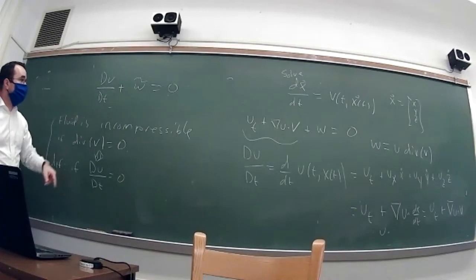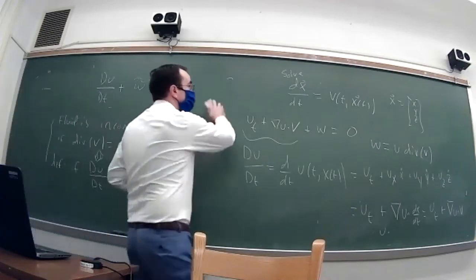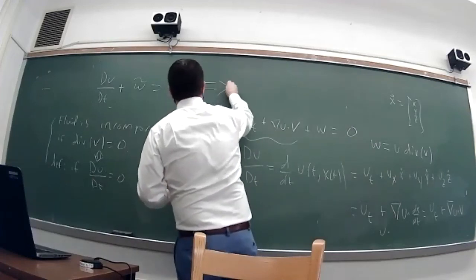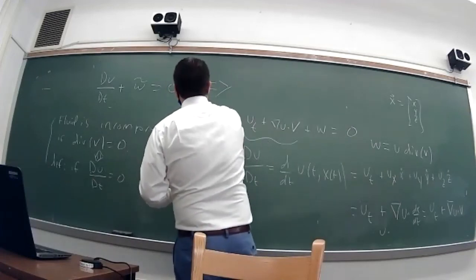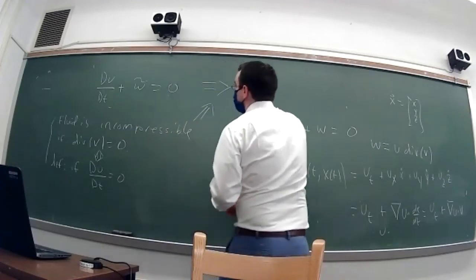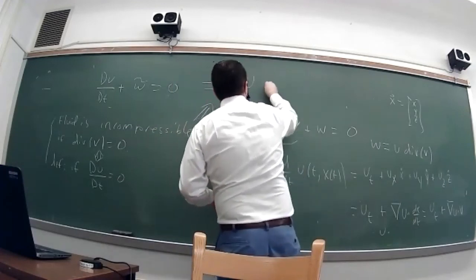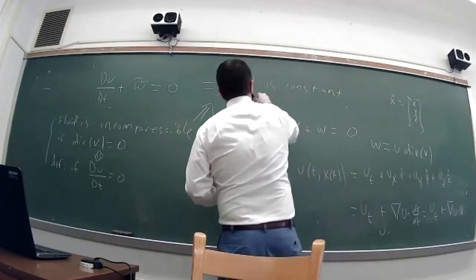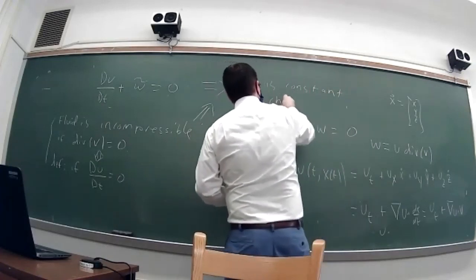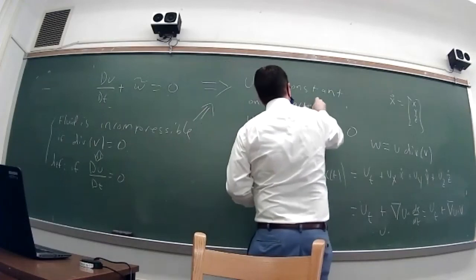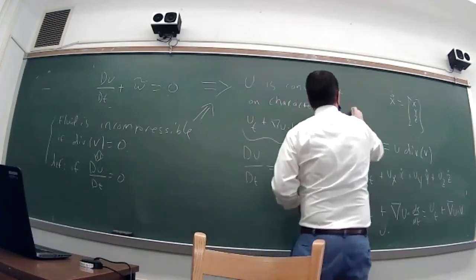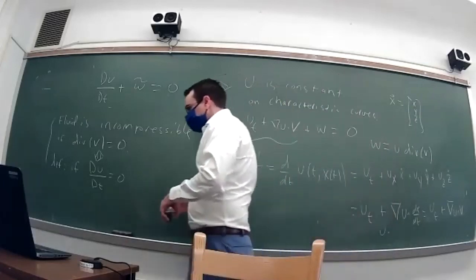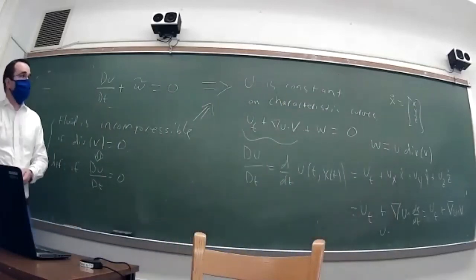And therefore, incompressible means that u is constant on characteristic curves. So remember, u is the mass density.